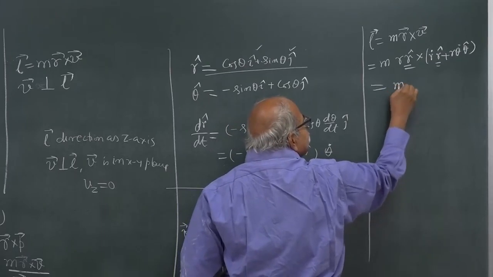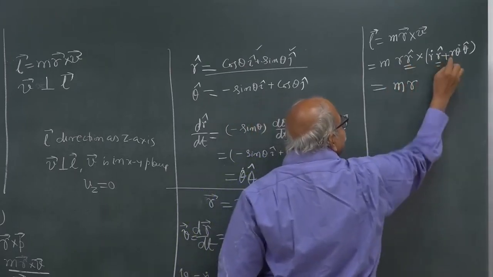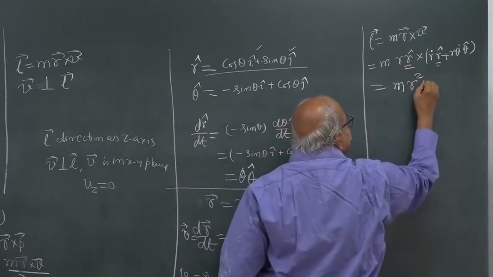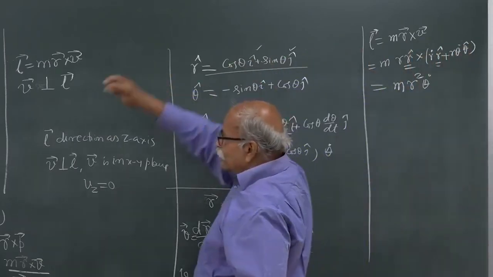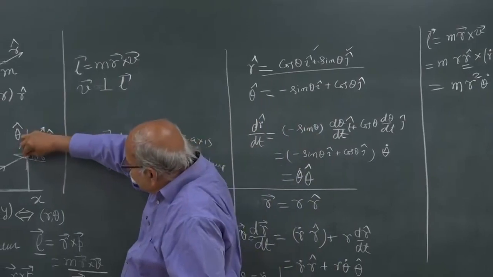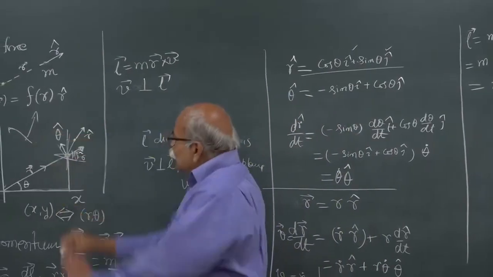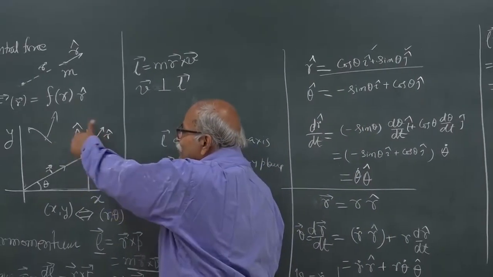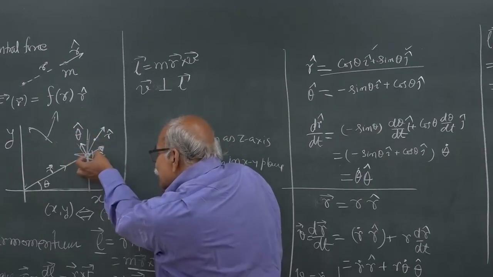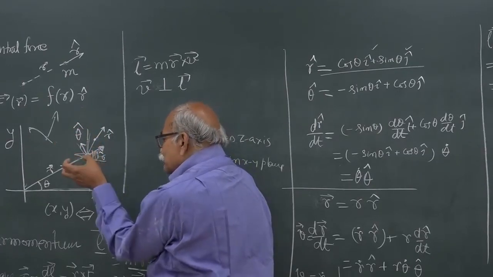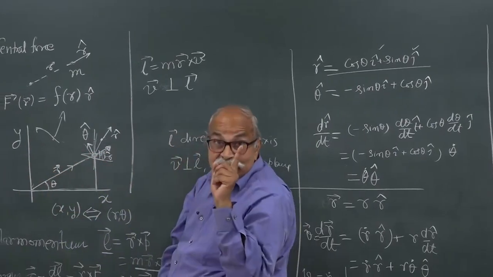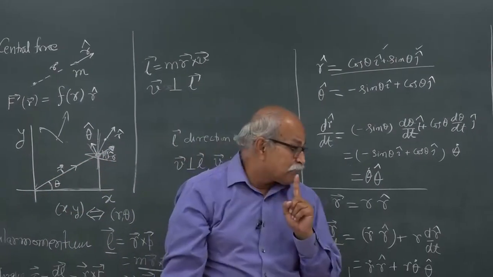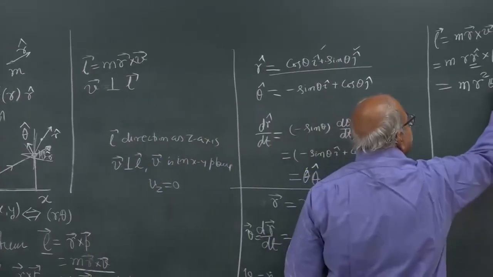So, it is m times r times r theta dot, r cap cross theta cap. Come back here, here is r cap and here is theta cap. What is r cap cross theta cap? This is a unit vector in this perpendicular direction, and that is the z direction. So, this is the unit vector k cap.